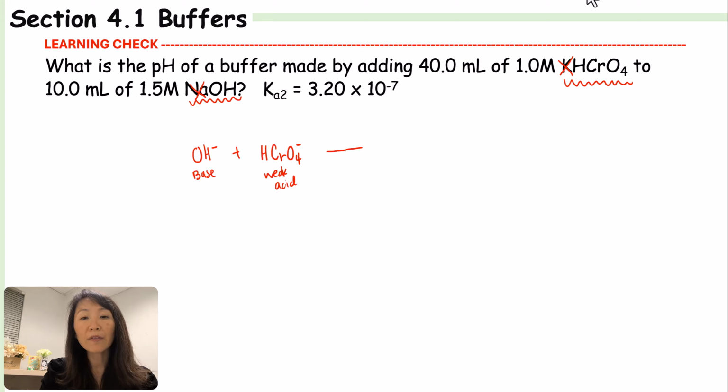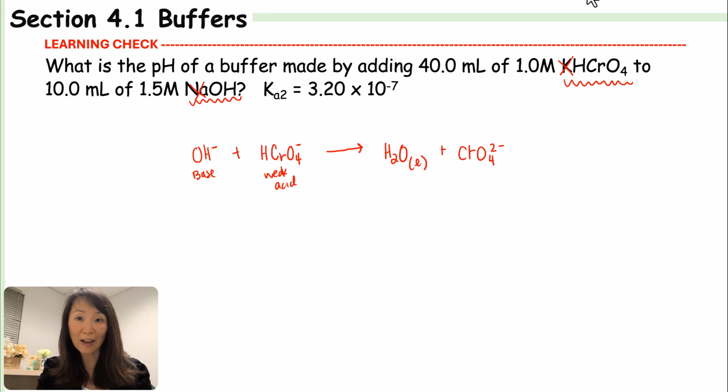How will they react? The base is going to accept the proton, the hydrogen ion, from the weak acid, forming liquid water, and this will become CrO4 2 minus because H has been taken out. These are all in aqueous form.